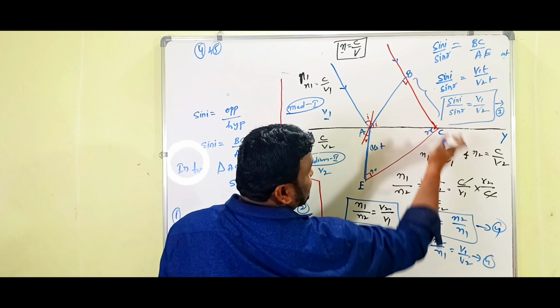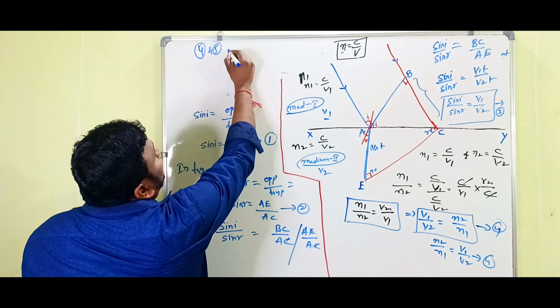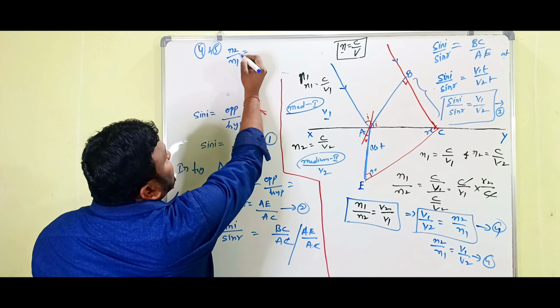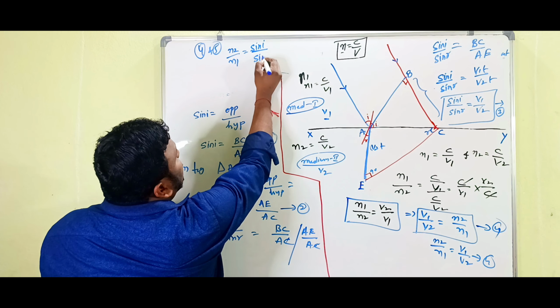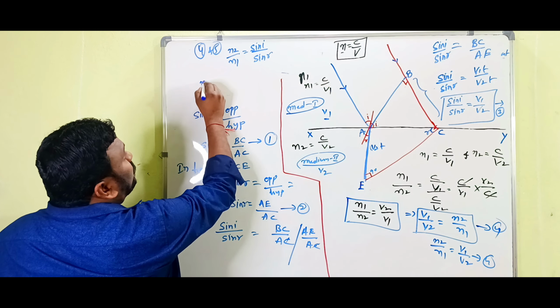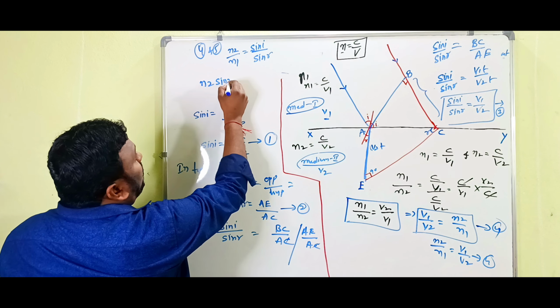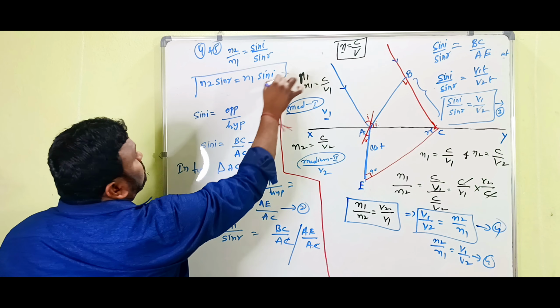When RHS are equal, LHS are also equal. That's why n2 by n1 is equal to sin i by sin r. From that, cross multiplication: n2 sin r is equal to n1 sin i.